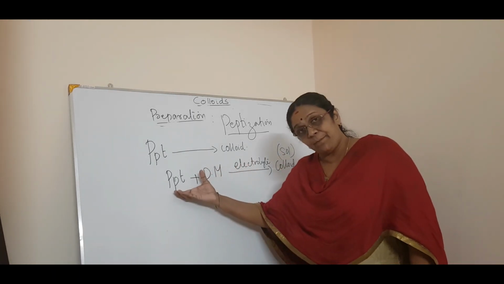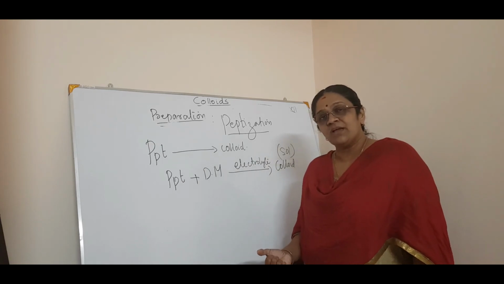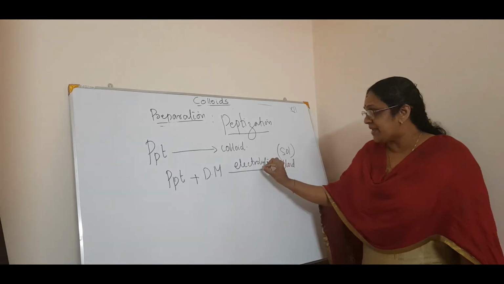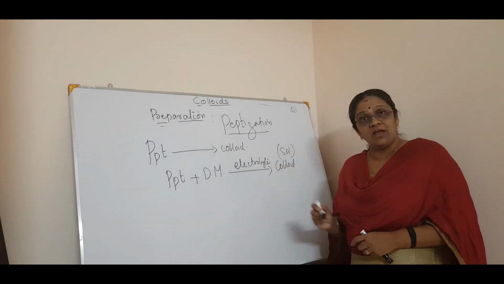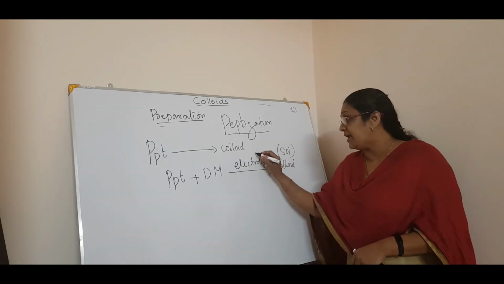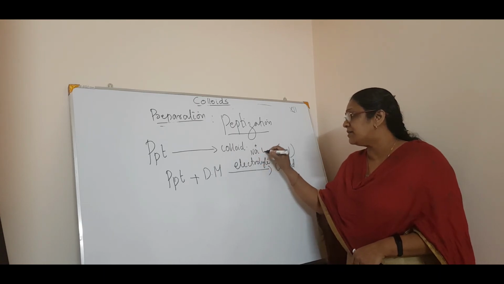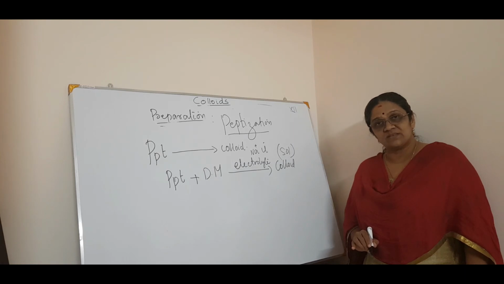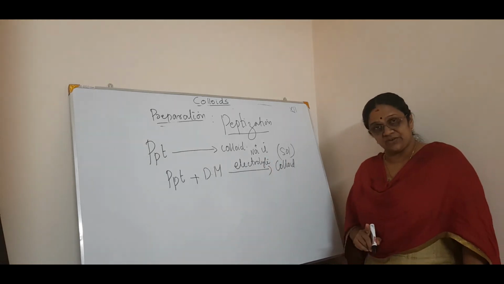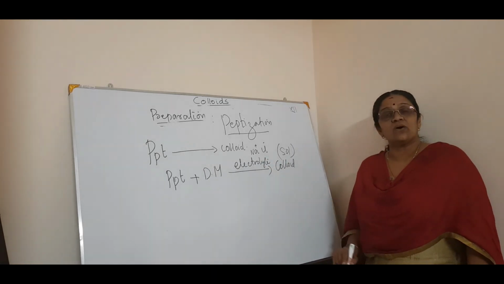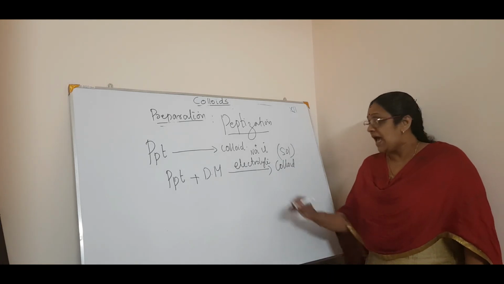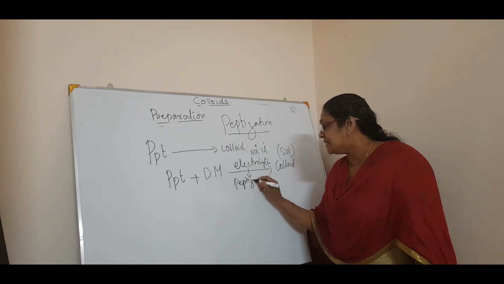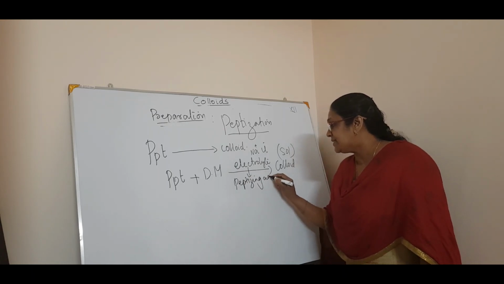When a freshly prepared precipitate is mixed with a suitable dispersion medium in the presence of an electrolyte, and whenever I say electrolyte, there must be charged particles, a plus and a minus charge, ionic compounds, then sols or colloids are formed. And these electrolytes are called peptizing agents.